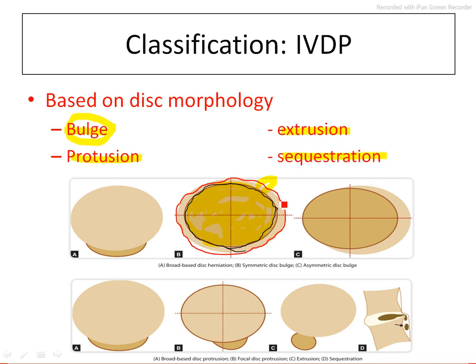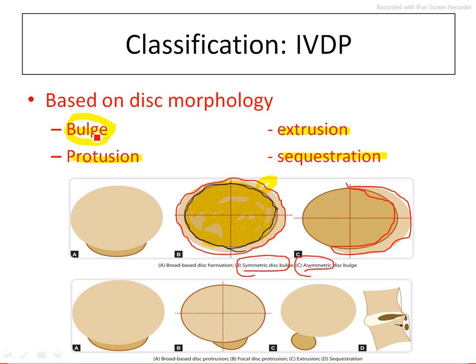This bulging can be symmetric and diffuse, meaning as a whole. You see here, it is diffuse and symmetrical. Sometimes it can be asymmetric. So you see, a certain degree of bulging is here outside the level of the vertebral body. You see here, this much has been bulged.